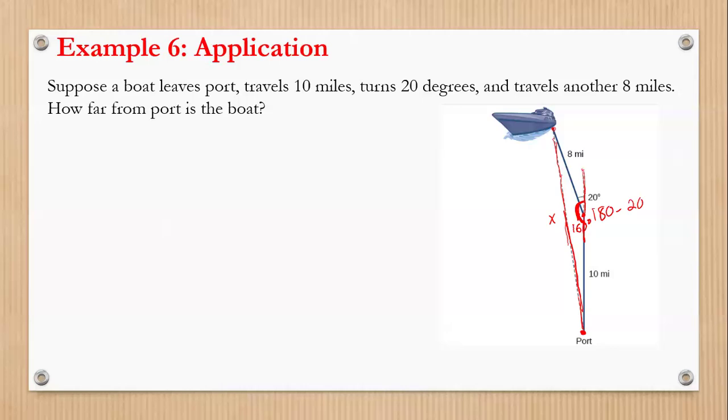Again, I can write x squared equal to 10 squared plus 8 squared minus 2 times 10 times 8 times cosine of 160. 10 squared is 100. 8 squared is 64.